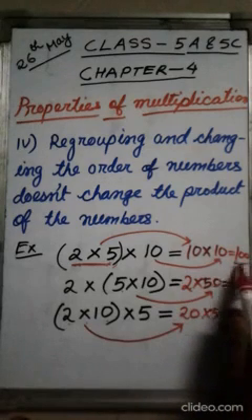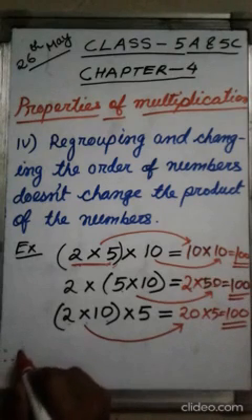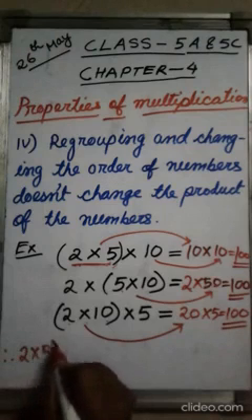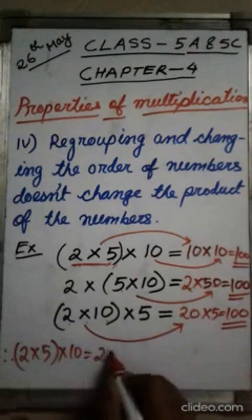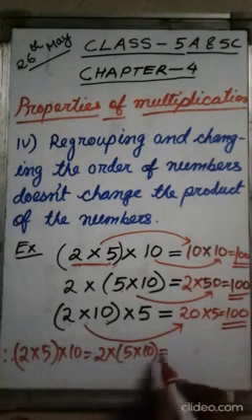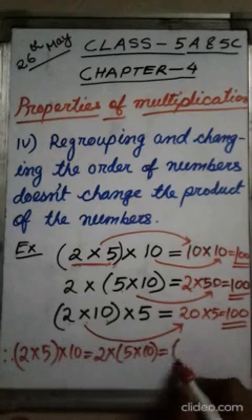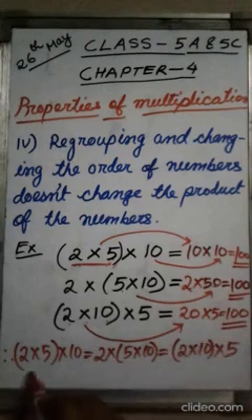So here we got all the results to be 100. Therefore 2 into 5 into 10 is equal to 2 into 5 into 10 is equal to 2 into 10 into 5.